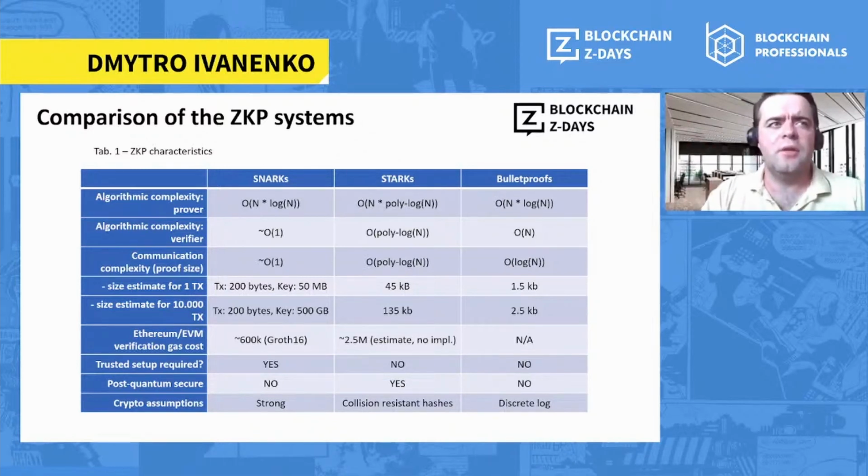And gas cost is an important thing. Next, trusted setup, required or not required. The next point is security, whether it's post-quantum secure. And quality assurance: you need to understand whether your realization is strong or not.